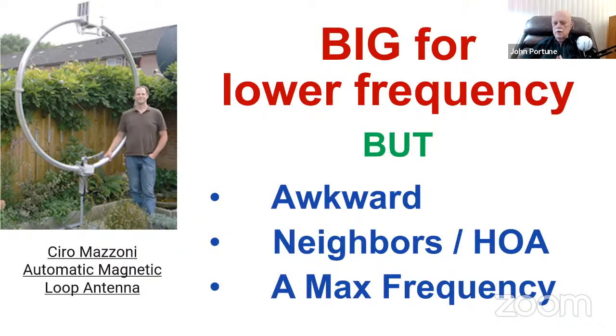For magnetic loops, yes, it's true that big is better for lower frequency, but big loops have some big disadvantages. They're awkward, heavy, large, difficult to turn, difficult to rotate, difficult to mount, and neighbors hate them. Also, something that most mag loop builders don't consider is that mag loops have a maximum frequency, and it has to do with size.